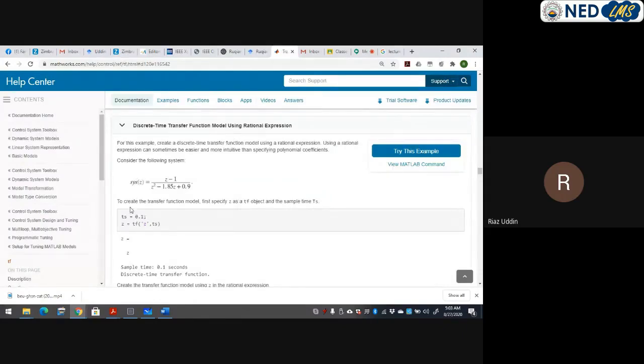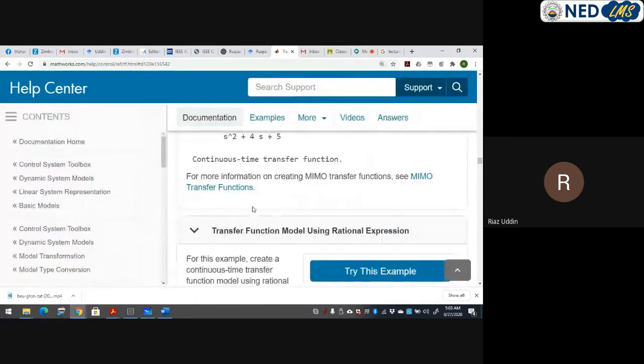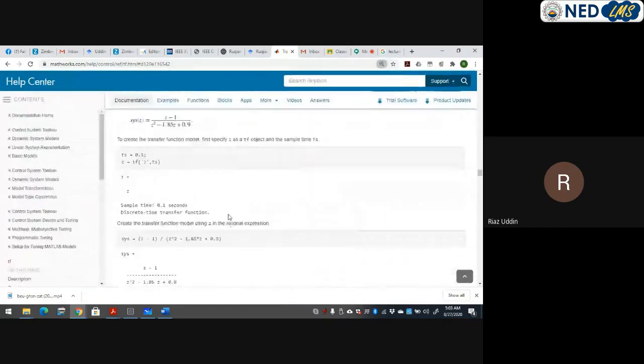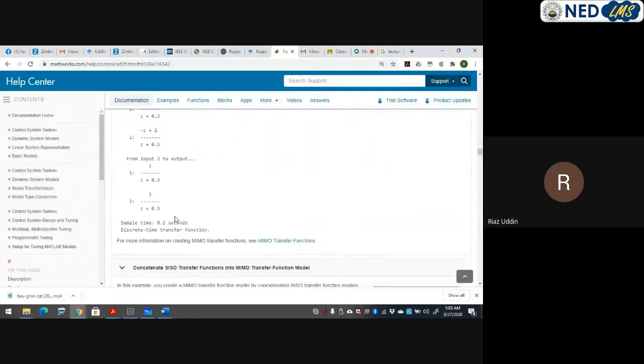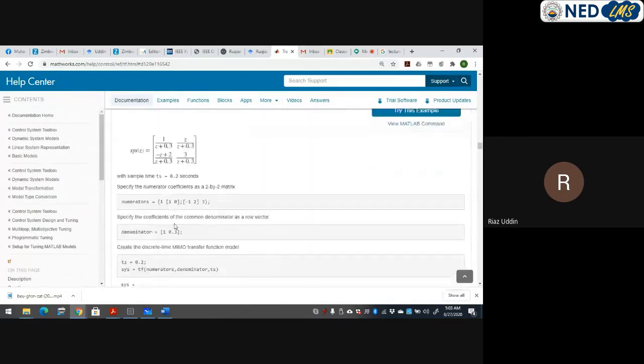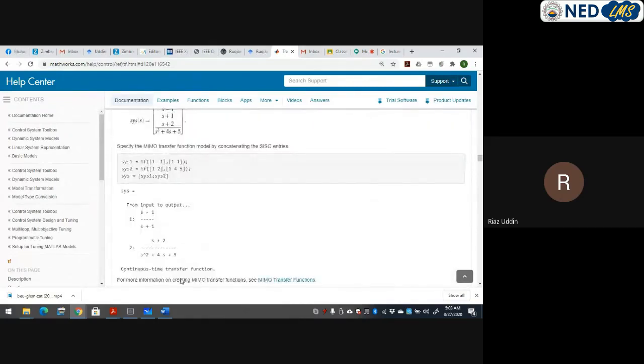So you have already understood how to create a transfer function in MATLAB. Probably in the previous slides or lecture labs, in the introduction of MATLAB, you have already learned how to obtain a polynomial function in MATLAB.